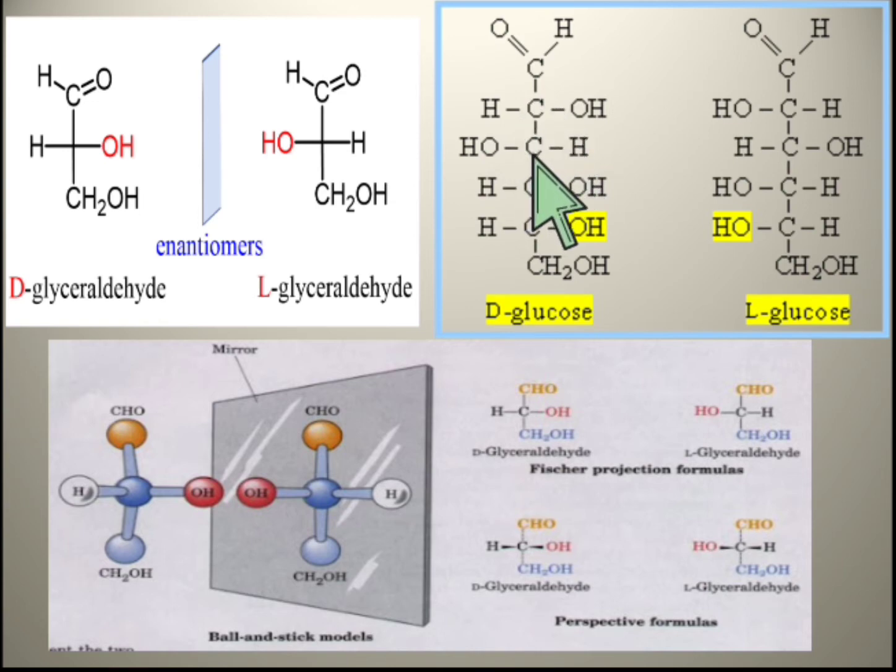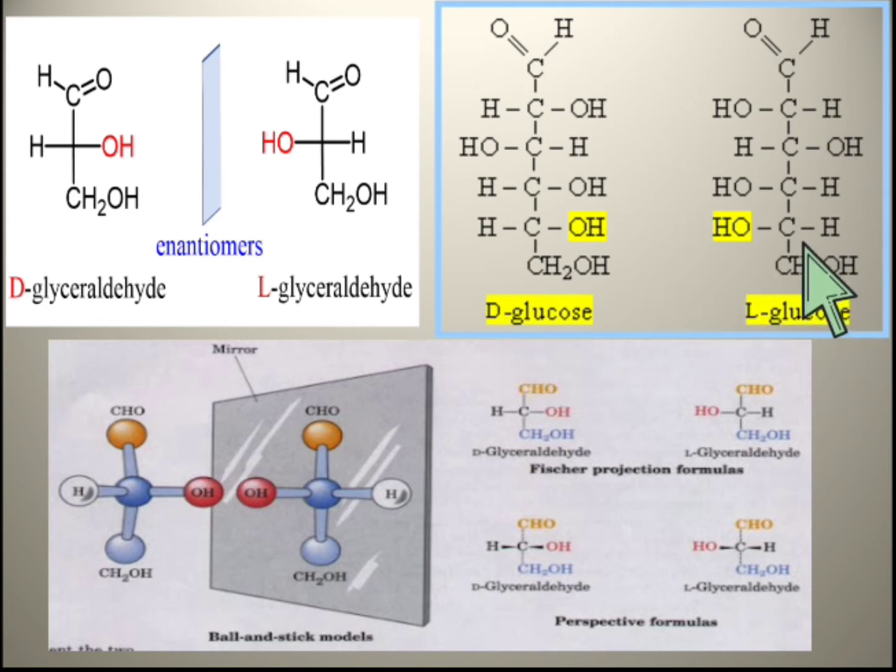Same thing here, this one is attached to this OH group, hydrogen, and this whole group, so it is attached to 4 different groups. This is the second asymmetric carbon atom. If you take a look at this carbon atom here, you can see it is the pre-last carbon atom. You can see that the hydroxyl group is on the right. That is why it is D-glucose.